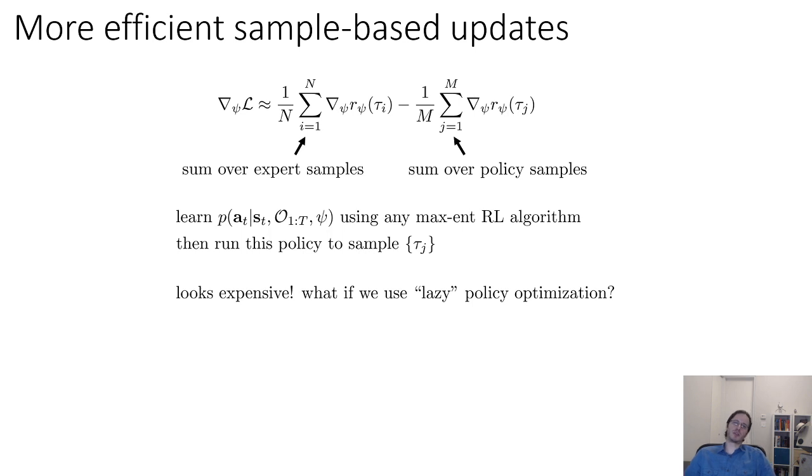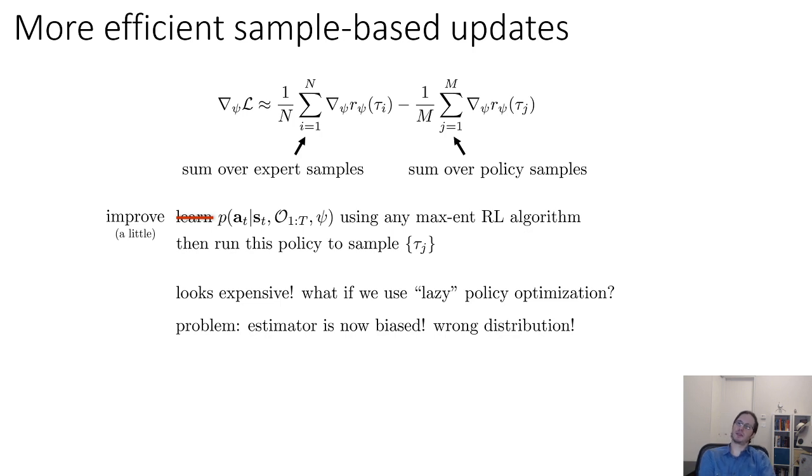What if instead of optimizing the maxent optimal policy to convergence every time we take a gradient step, what if we only optimize it a little bit each time we take a gradient step? So instead of learning p(a_t | s_t, O_1:T, psi), we just improve starting from the policy we had from the previous psi. And maybe we improve it a little bit. Maybe we improve it even for just a single gradient step.